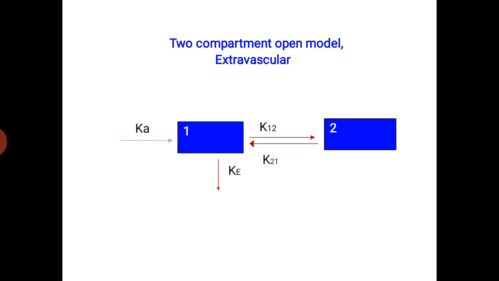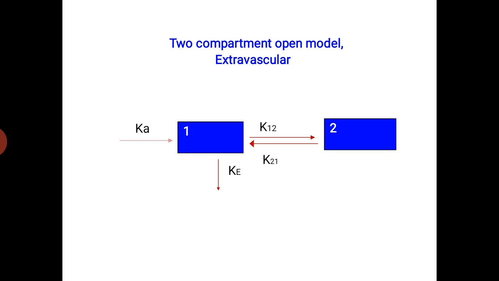Here the drug is entering from the stomach into the systemic circulation at a rate of Ka, and it depends upon the amount of drug present in the stomach, that is Xa. I hope you remember one compartment extravascular administration. This is taken from that, so the amount of drug that reaches the central compartment is Ka Xa.